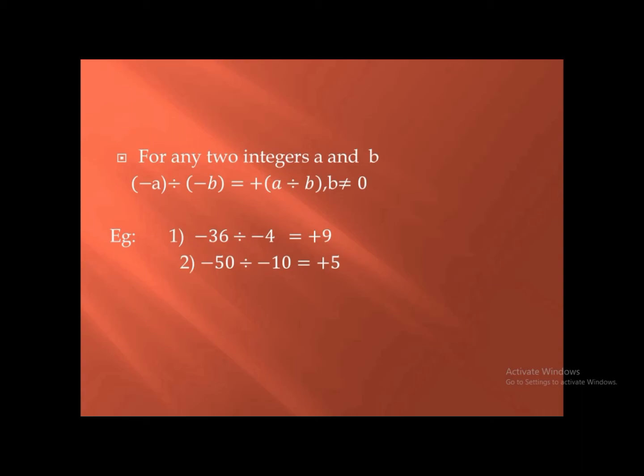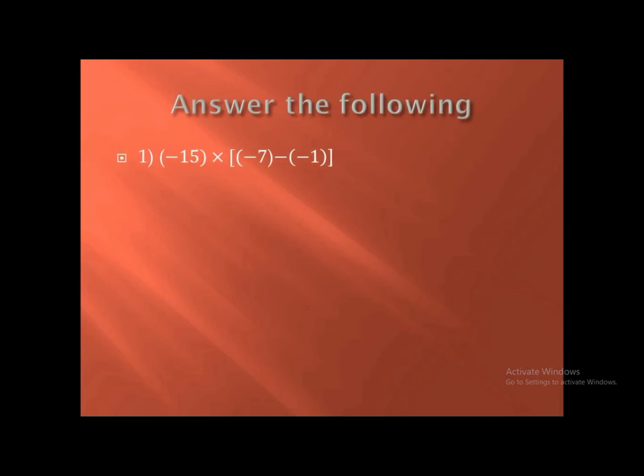Let us now try to do these questions. Answer the following. First question, minus 15 into the bracket of minus 7 minus minus 1. You can see a bracket here, so we have to do the bracket first. Within the bracket there is subtraction, so add the additive inverse.